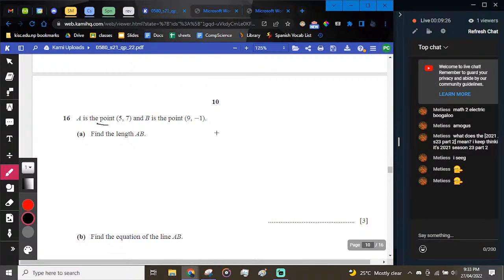A is the point. B is also the point. Find the length. It's going to be the difference from 5 to 9. Doesn't matter if it's positive or negative. It's just 5 minus 9. You just need to be consistent. 4, 7 minus 1. Difference actually 8. The idea is 4 squared.